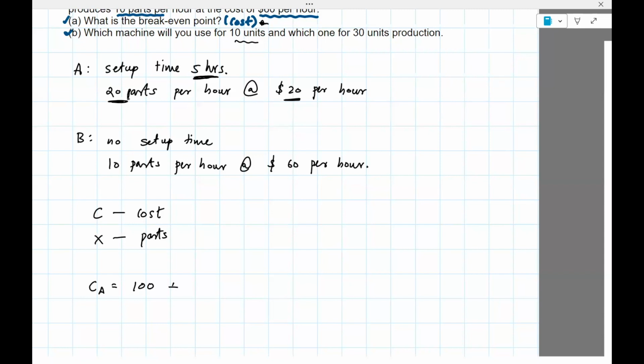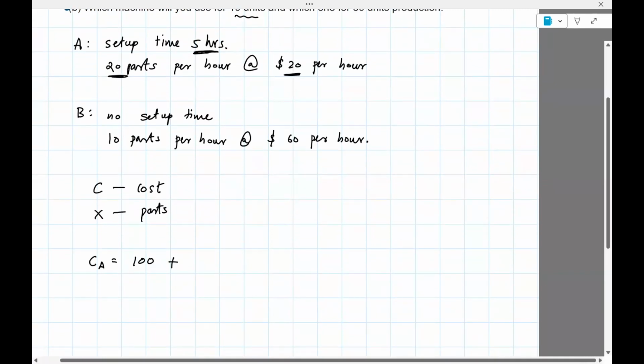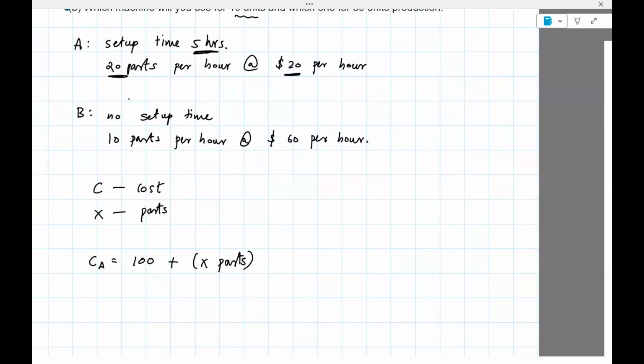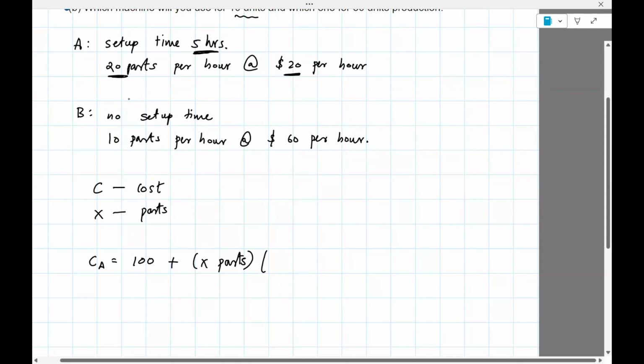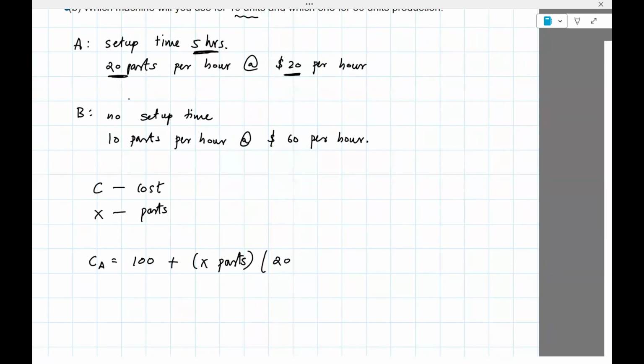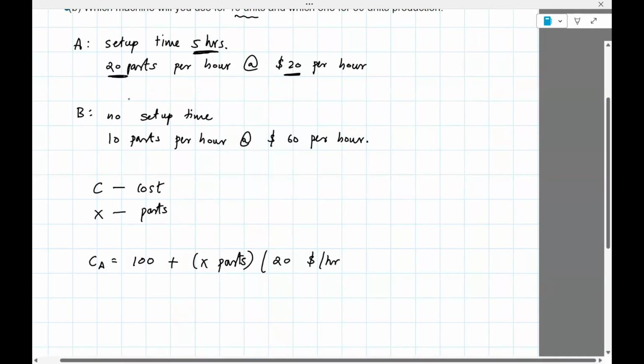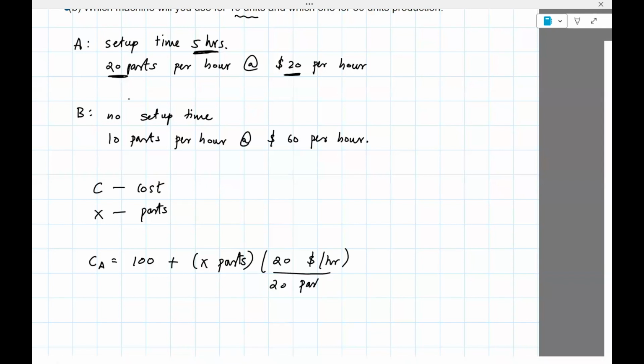Then on top of that, once you've set up, you want to start producing the parts. So we want to write something which gives us the cost times the number of parts. X is the number of parts, so X parts, and I need to multiply this by the cost per part. The cost per part is $20 per hour divided by 20 parts per hour.